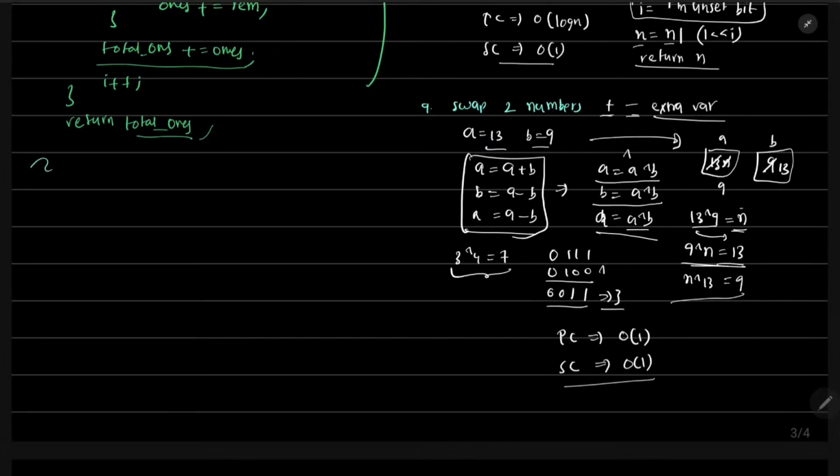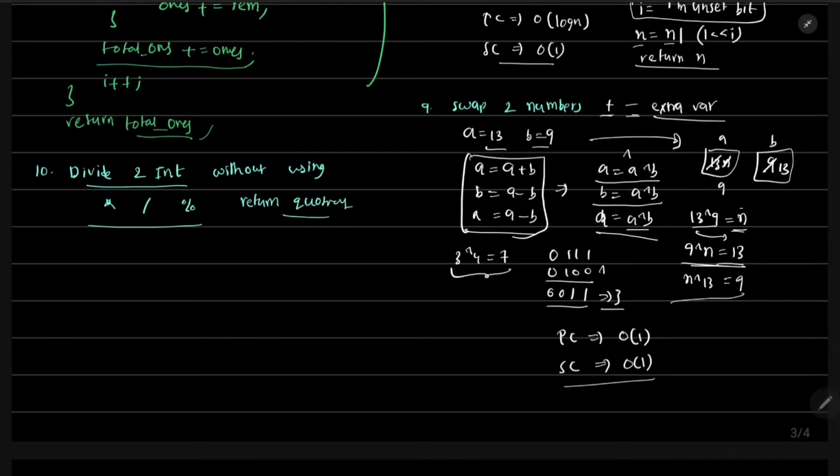Now let's take the 10th problem. That is, you have to divide two integers without using multiplication, division, or the mod operator, right? Without using these three, you have to return the coefficient after dividing these two integers, right?